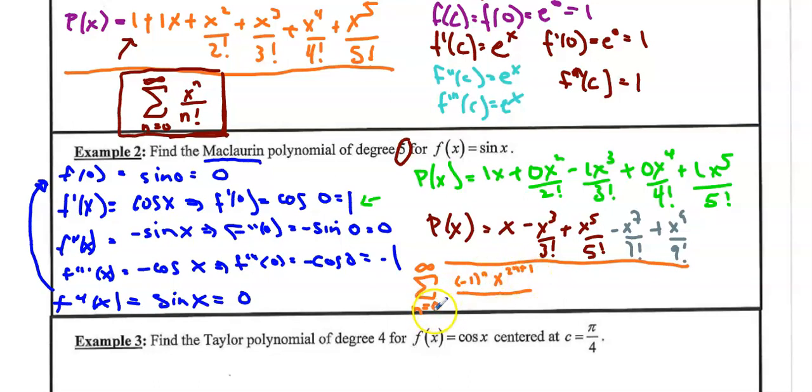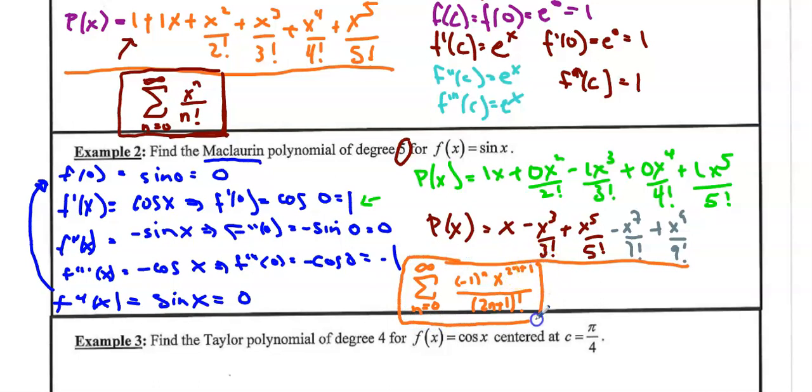Where if we start at 0, then this just becomes 0, so we get x to the first. If this has to be 1, then it would be 2 times 1 plus 1, which is 3, and then again, and so on for this. And so since these are the same numbers, then our denominator is just going to be 2n plus 1 factorial. And so that's the general form for our sine function.